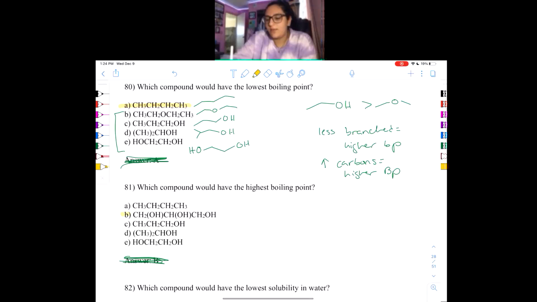I would agree that B is correct, yes. And the reason is, well, first of all, we know that A has just a straight chain with nothing on it, so that one is obviously not it. For the rest of these, we're comparing all alcohols, so the one with the most alcohol will have the highest boiling point, correct.